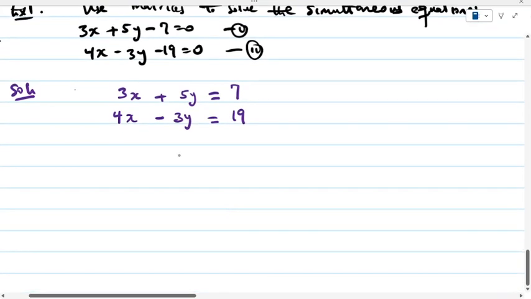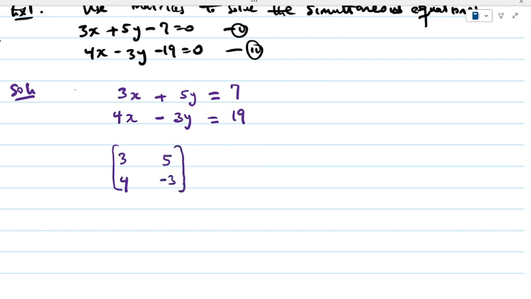Now, the second step is to write it in matrix equation. The coefficient of x here, I have 3 and 4, and the coefficient of y is positive 5 and negative 3. Then multiply it with my unknown variables x, y, and equate it to the constants 7 and 19.